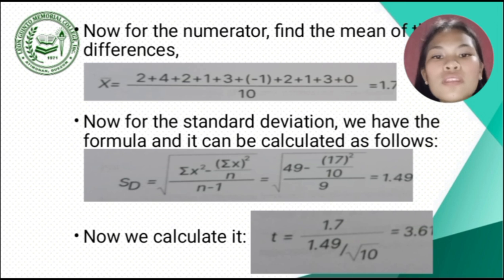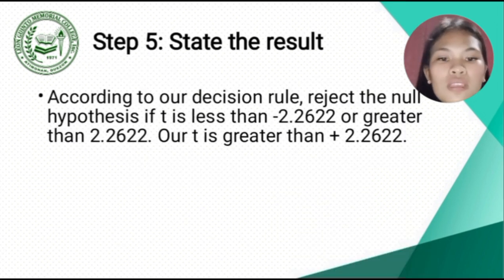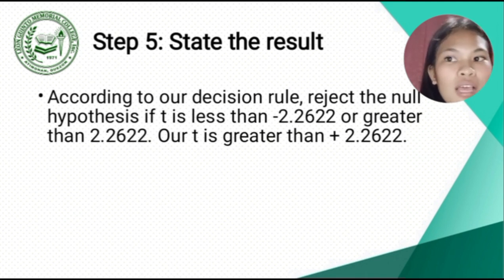So for step 5, state the result according to our decision rule, wherein we reject the null hypothesis if the t is less than negative 2.2622 or greater than 2.2622. Our t is greater than 2.2622, so we reject the null hypothesis.